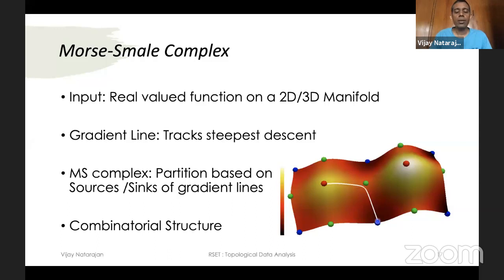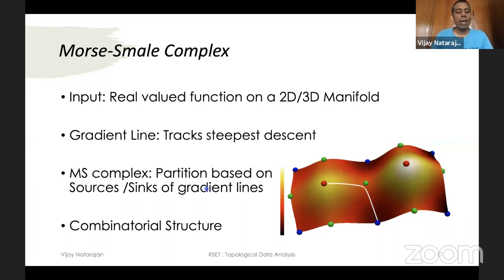Clearly the gradient along any point on this curve is non-zero, and the limit points are critical points, where the gradient is zero. So this white curve is called the gradient line. Naturally it connects critical points.